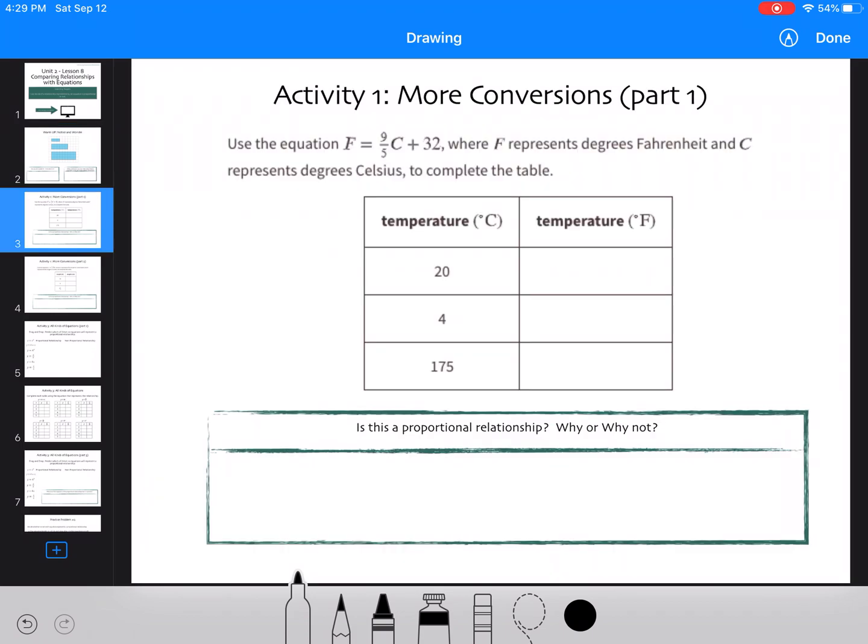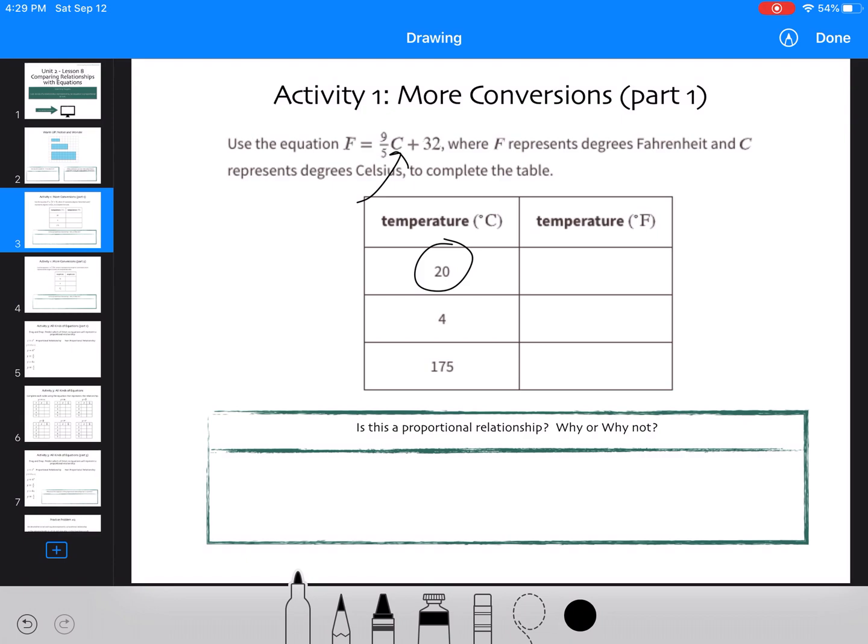Okay. So then it says more conversions. Use the equation F equals 9/5 C plus 32, where F represents degrees in Fahrenheit and C represents degrees Celsius, to complete the table. So that means I'm going to plug in these numbers for Celsius. So is this a proportional relationship or not?